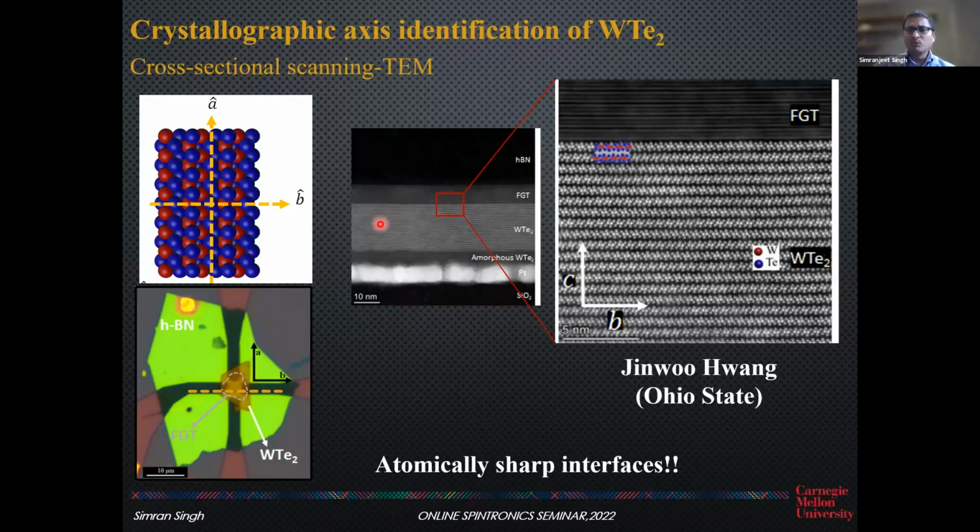So most of our devices are characterized after we measure them using cross-sectional scanning TEM, by our collaborator Jinwoo Hwang at Ohio State University. This is one of the devices, a cut along the b axis. If we look at the interface of FGT and WTe2, it's pretty clean, atomically clean. You have very nice, nothing at the interface. So that's really important for these experiments.